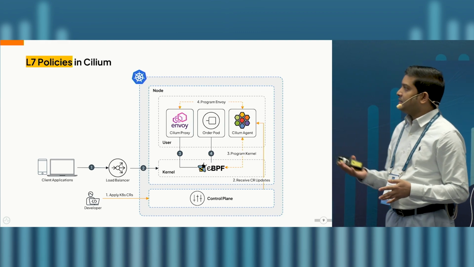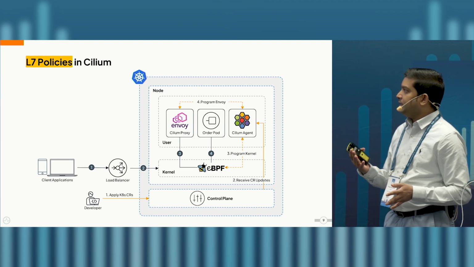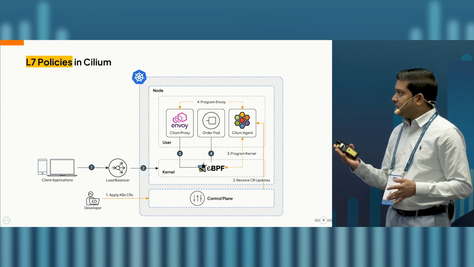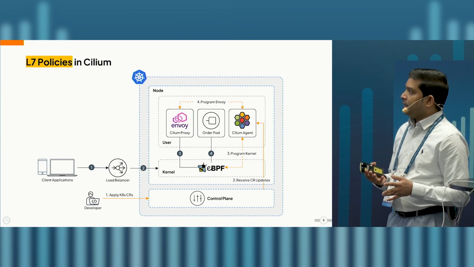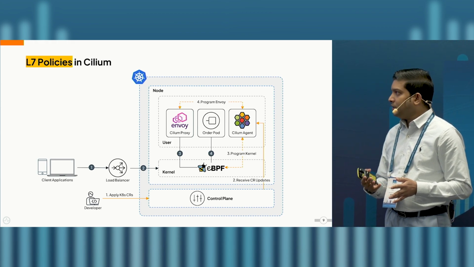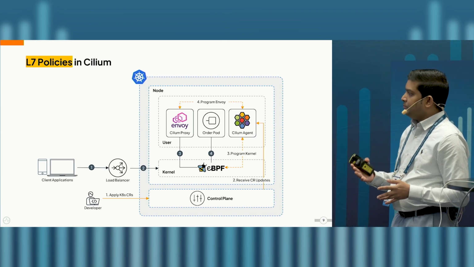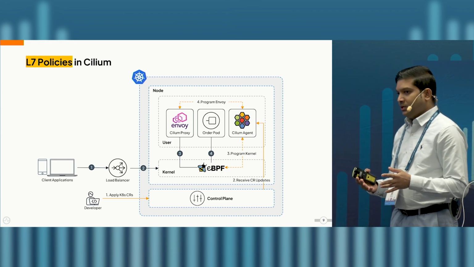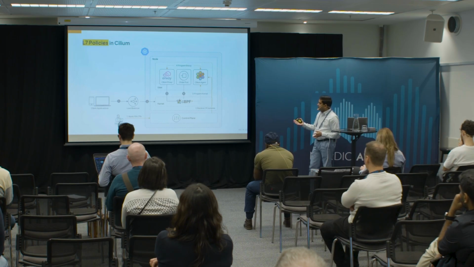For example, the order pod can be restricted based on the device type header that it receives, right? In this case, the Cilium proxy can add an extra header based on an HTTP header called user agent. As a developer you will be deploying a similar Cilium network policy, which is then available in the Cilium agent.